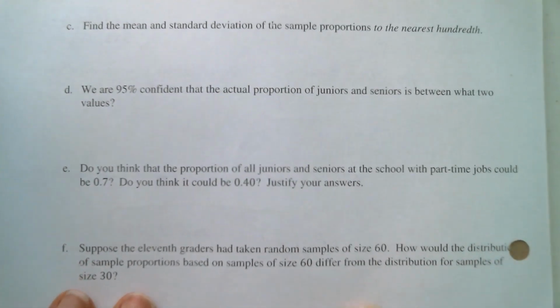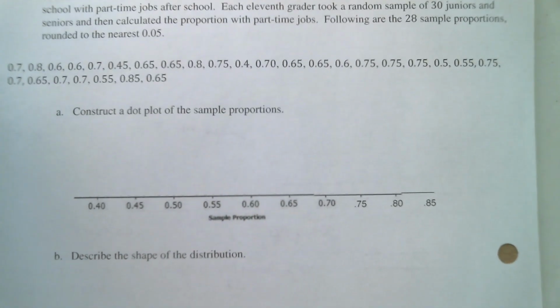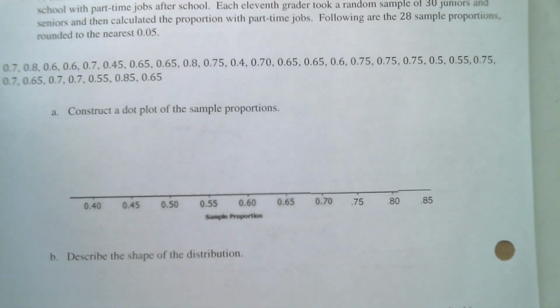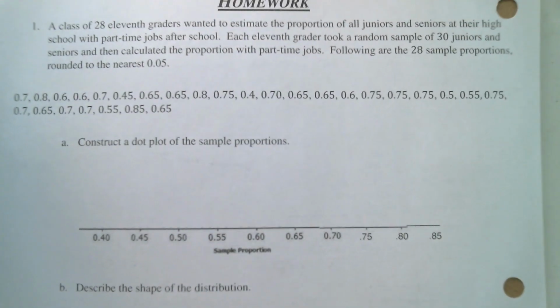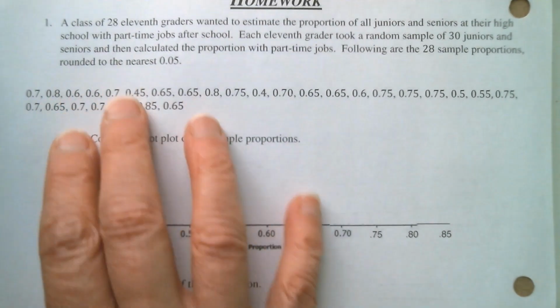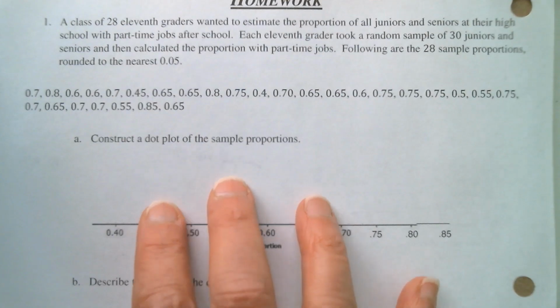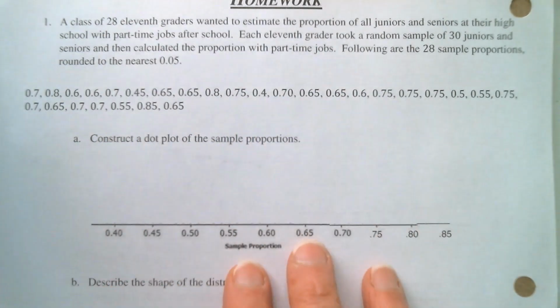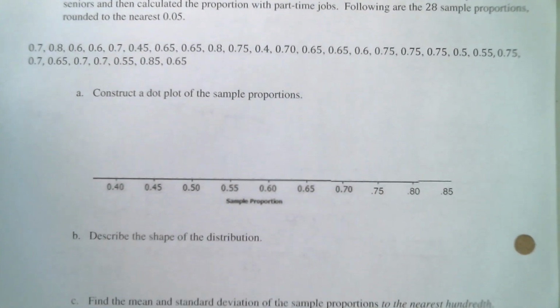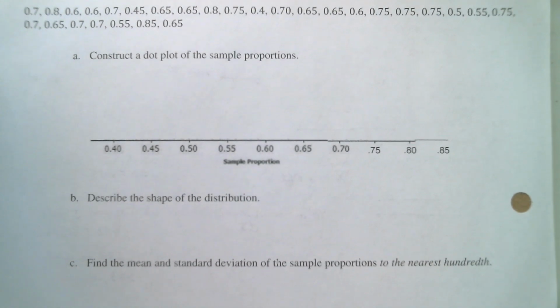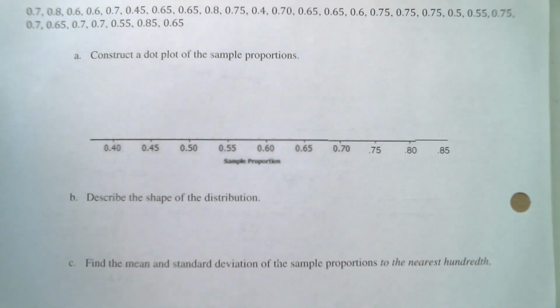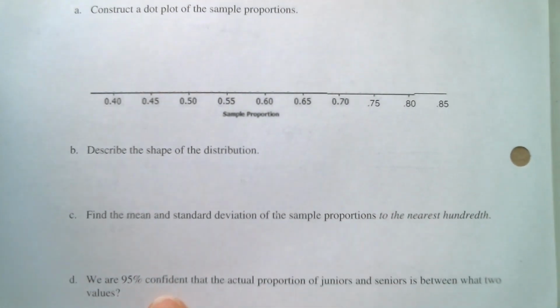For the homework, you're going to construct a dot plot from these proportions here, and then describe the shape. So very similar to what was done in the lesson today. Your 95% confidence interval, it's just the mean plus or minus 2 standard deviations.